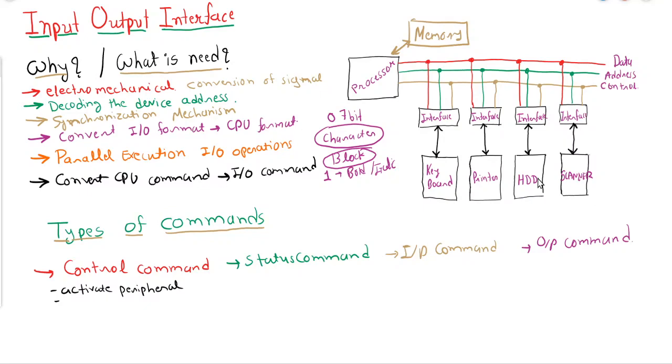So these commands are normally used to activate the device. These commands depend on the peripheral, and each peripheral receives its own distinguished sequence of control commands depending on its mode of operation.